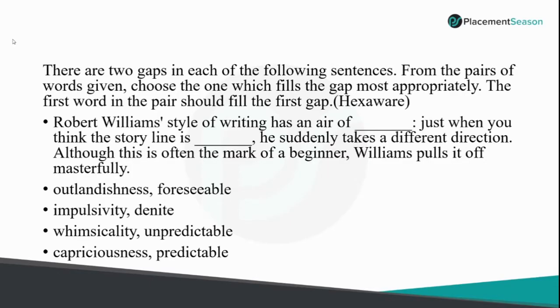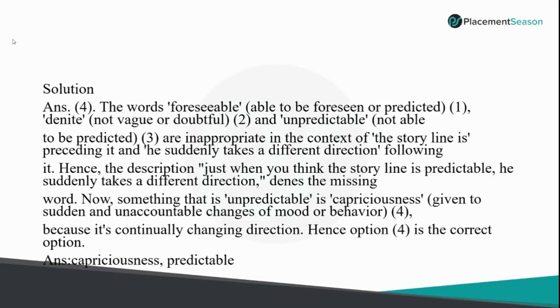So, what is the meaning of the sentence? Robert Williams has a style of writing which is really great. What is great about it? Once you try to guess the next part of the story, he takes a different direction, and for you to guess the story becomes very difficult. So, for the possible answer, the answer is the fourth option. The word foreseeable means able to foresee or predict.